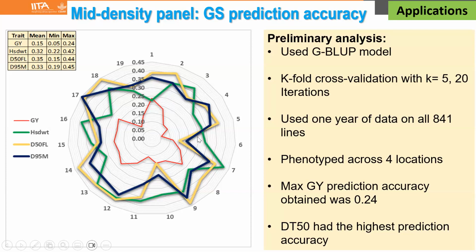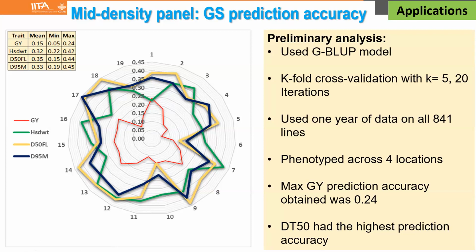And then we saw that maturity traits, days to 50% maturity, were better. They had better prediction accuracy together with 100 seed weight. And so this is just giving us an idea of how the mid-density panel is going to function in a genomic prediction approach. Otherwise, we are still phenotyping our training set.